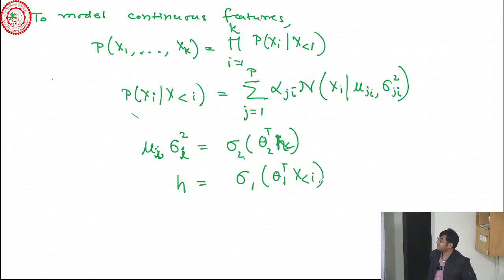And this sigma, what should it be? Any idea? It's continuous, so most of the time you will take linear, because the mean can be negative or positive, you don't know. But you have to be careful with sigma, it cannot be negative. So better is, whatever you are getting, take a square of that and call that sigma.